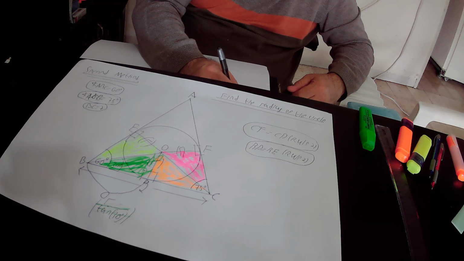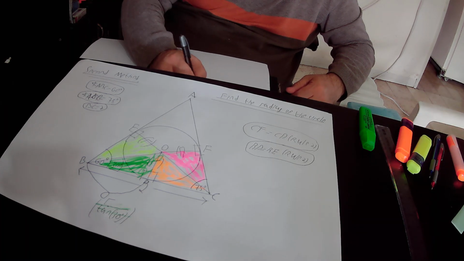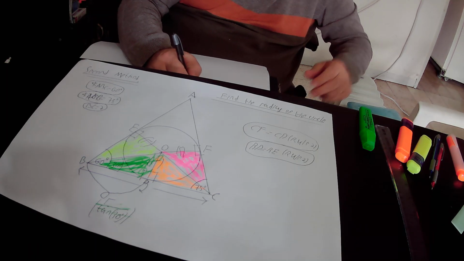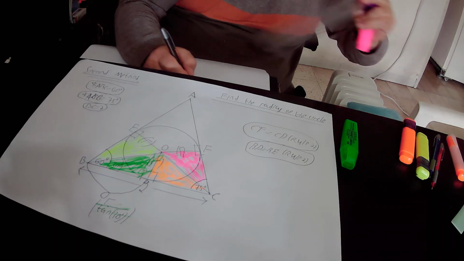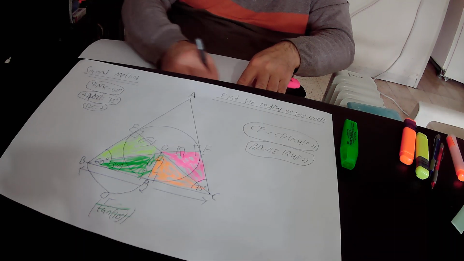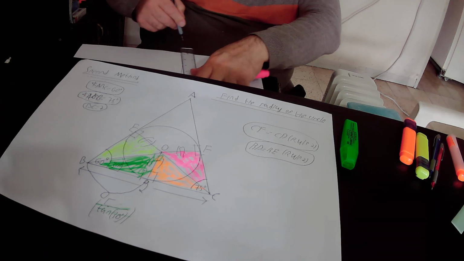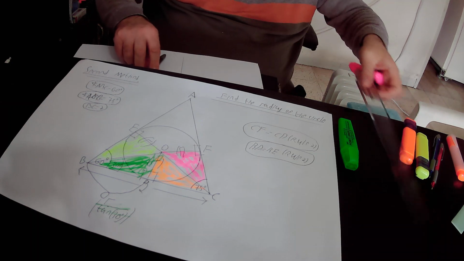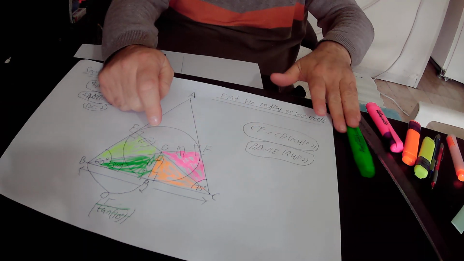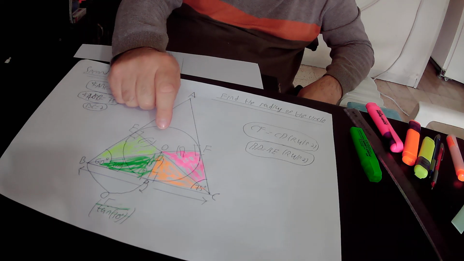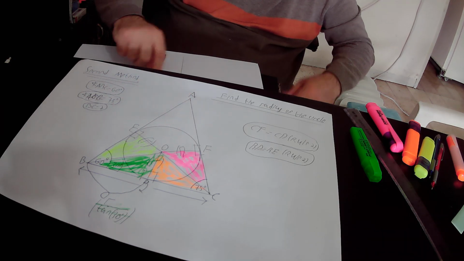The orange triangle ODC is congruent to the pink triangle OFC. So why can those two triangles go into each other? First of all, side OF of the pink triangle equals side OD of the orange triangle. They are both radii of the circle, therefore they are equal to each other.